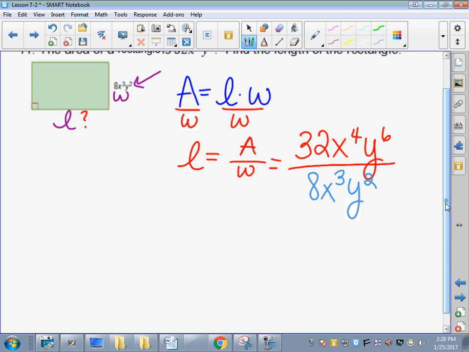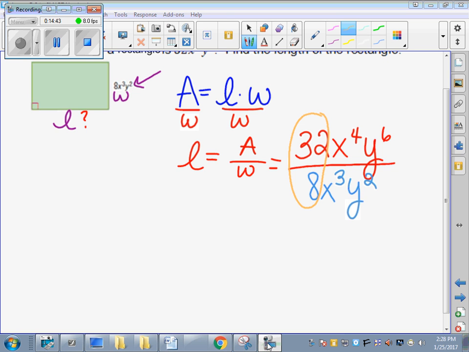I have no negatives to even think about. I do have, however, a 32 and an 8. Would you simplify a 32 over 8? So 32 over 8 is going to simplify down to a 4 over 1, right? And you don't even have to write that 1 down there in the denominator, but you can.